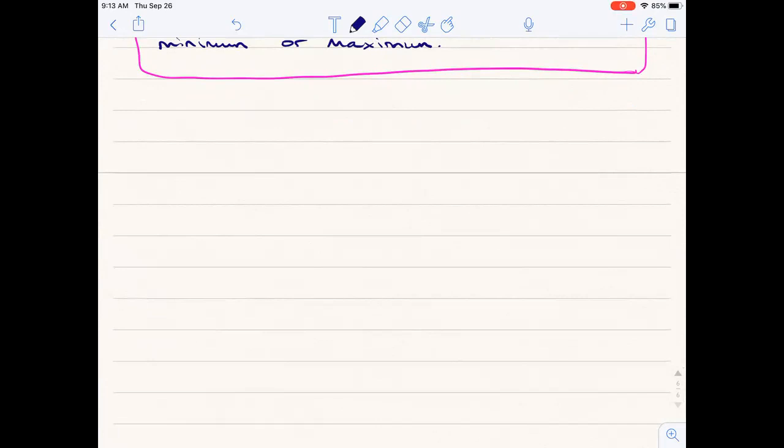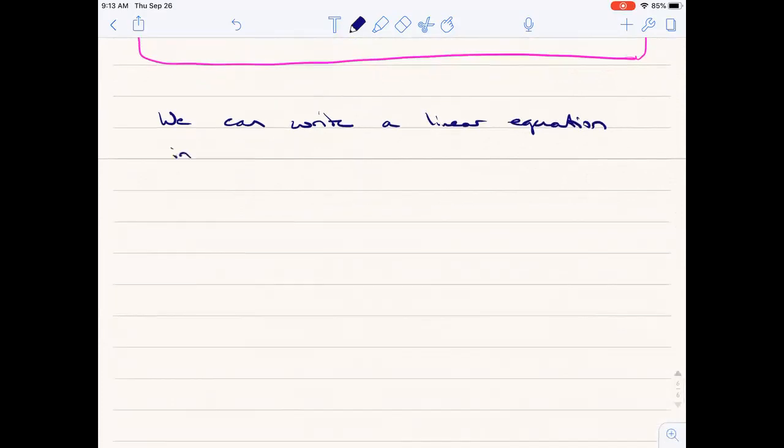I always get them mixed up. Point intercept or point slope. All right, so we can write a linear equation in two forms.